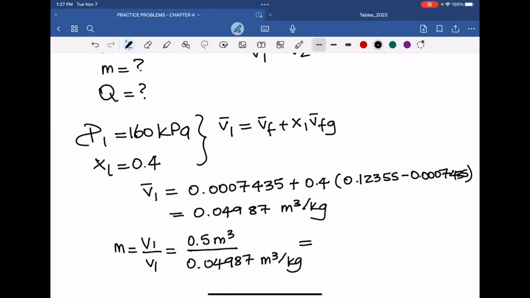And this is 10.03 kilogram. Okay, and we found the mass.